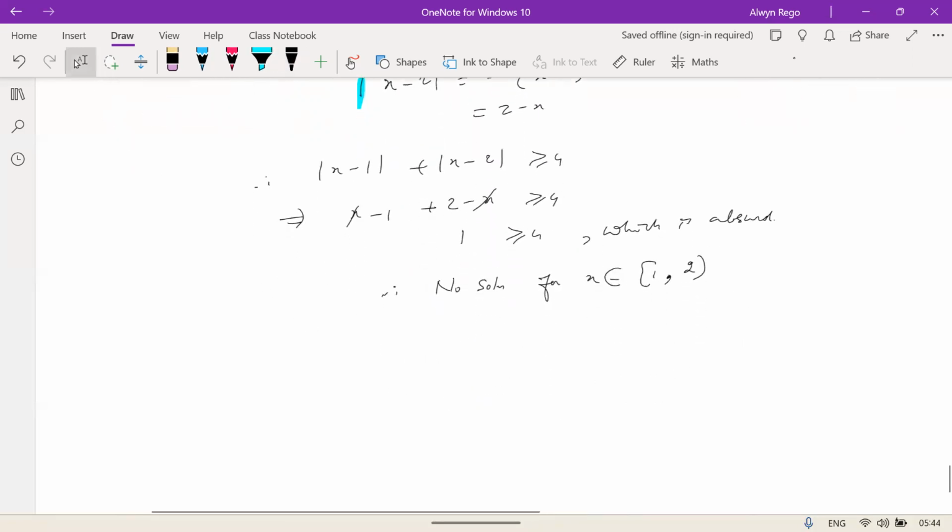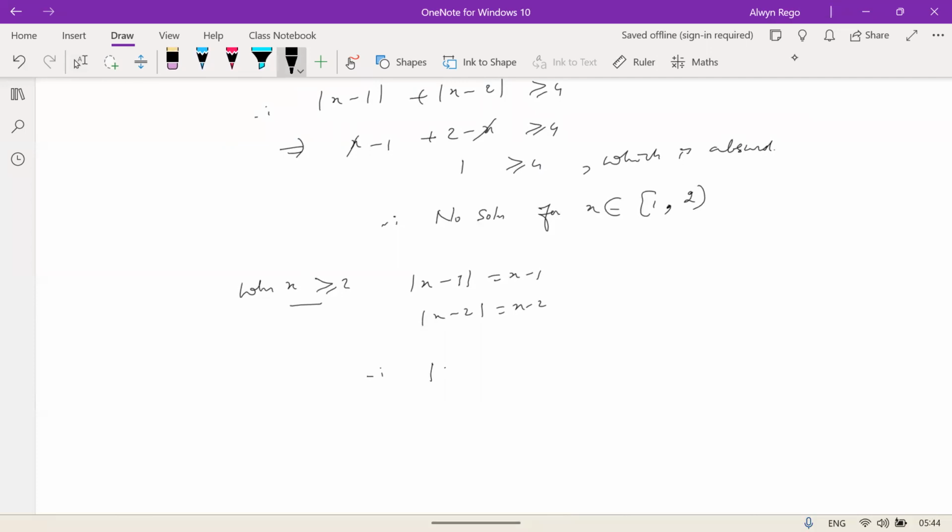Then going in for case 3, when x is more than or equal to 2, you'll find that absolute value of x minus 1 is equal to x minus 1 itself, because if you take a value, let's say more than 200, it's positive. So you have x minus 2 is equal to x minus 2 itself. Therefore, modulus of x minus 1 plus absolute value of x minus 2 is more than or equal to 4 implies that x minus 1 plus x minus 2 is more than or equal to 4.